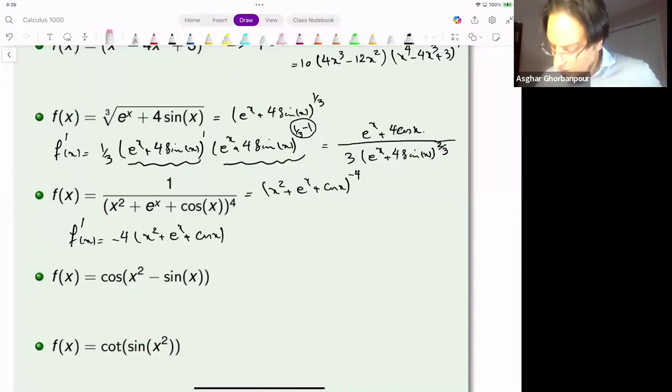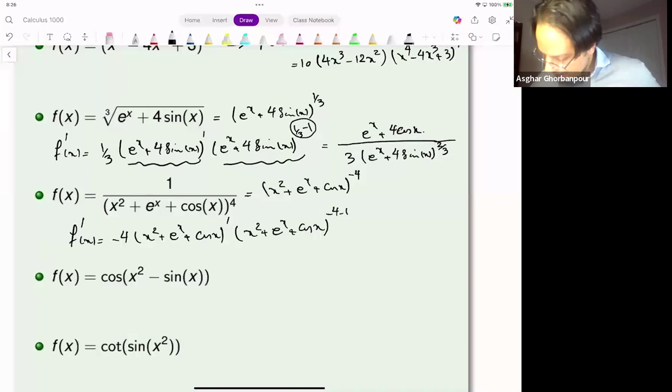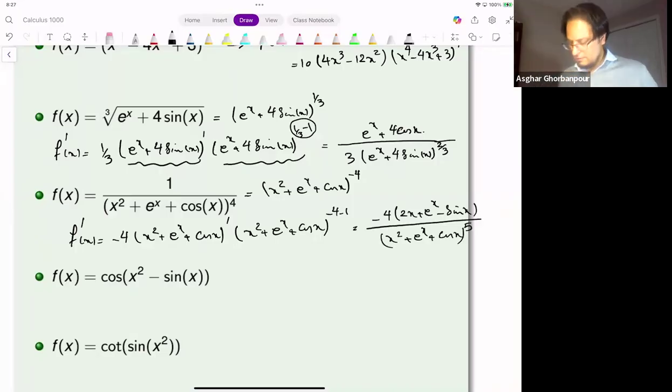Oh, sorry, box prime times box to the power 1 less. And that would give us minus 4 times (2x + e^x - sine x) over (x^2 + e^x + cosine x) to the power 5 in the denominator.